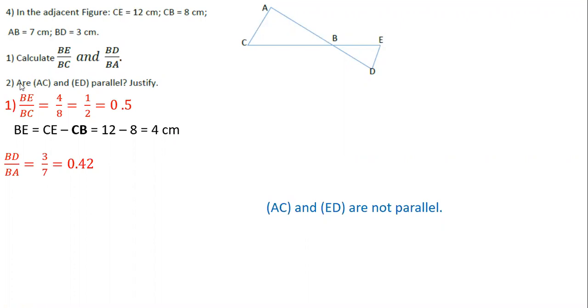So again, are these lines AC and DE parallel to each other? If they are parallel, we should say why they are parallel. If they are not parallel, we should say why they are not parallel.